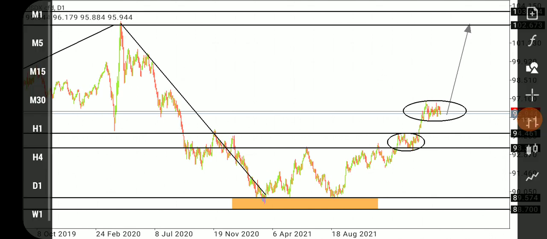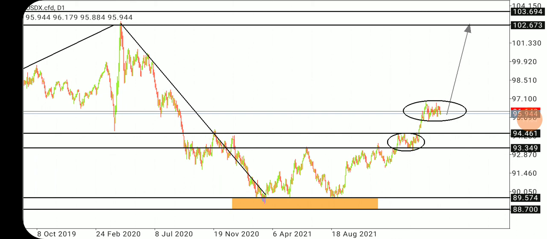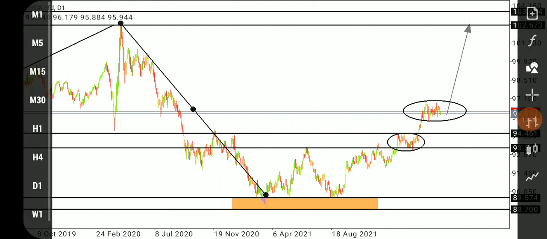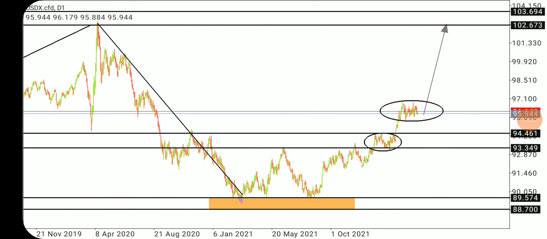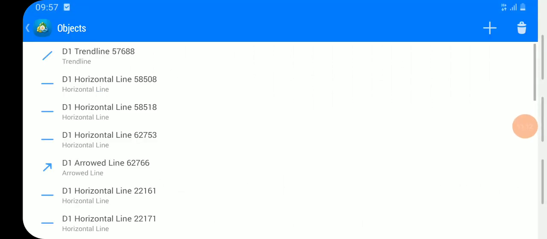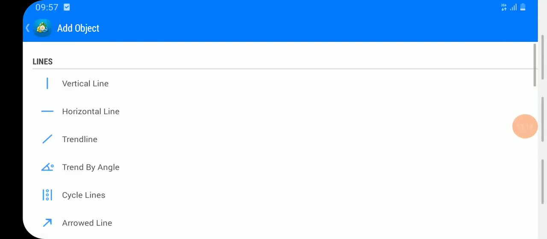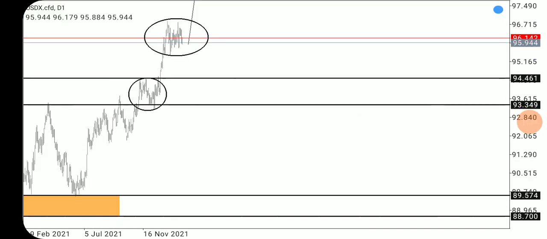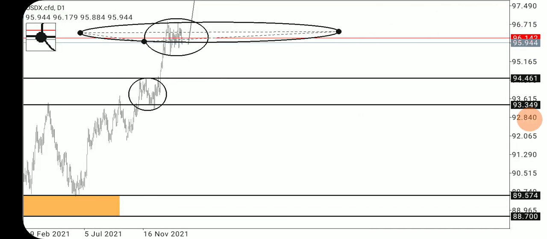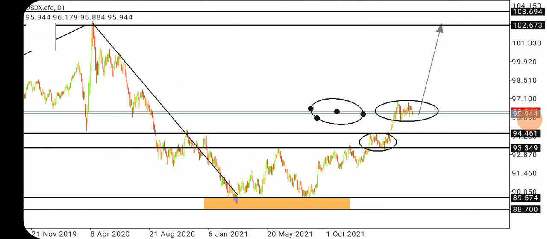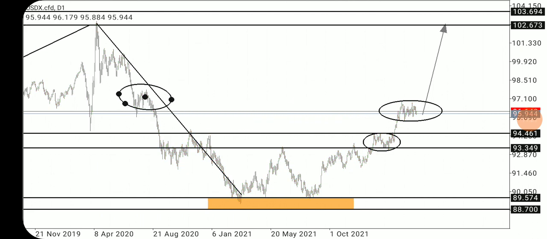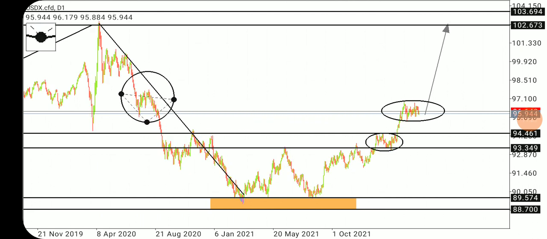Because if you pay attention, it is the same place where the market, when it came down, had the same thing right here. I'll indicate that with another ellipse. Right here. You see here?